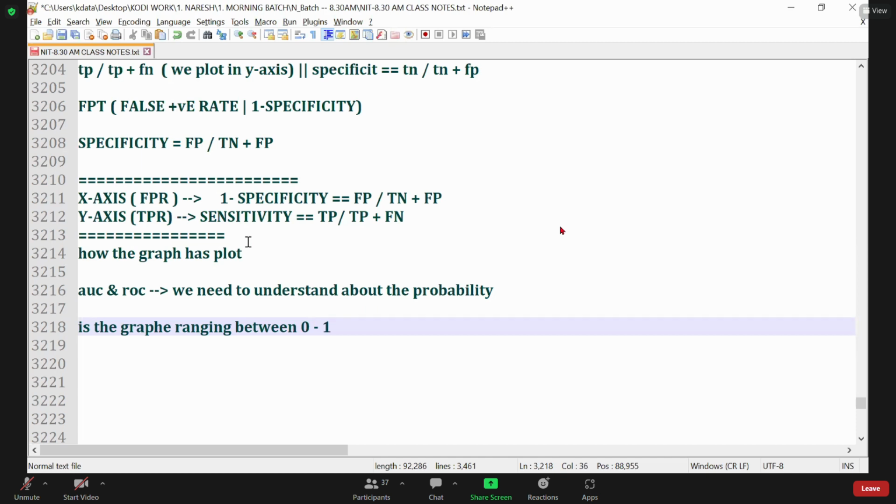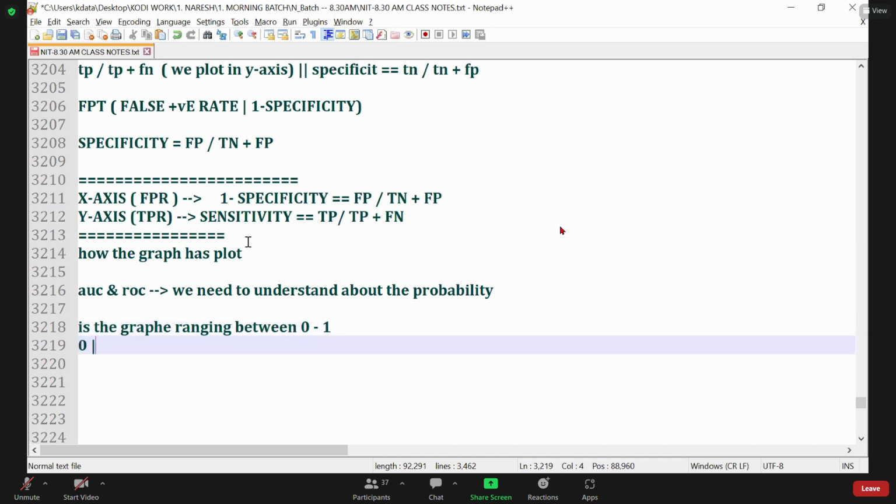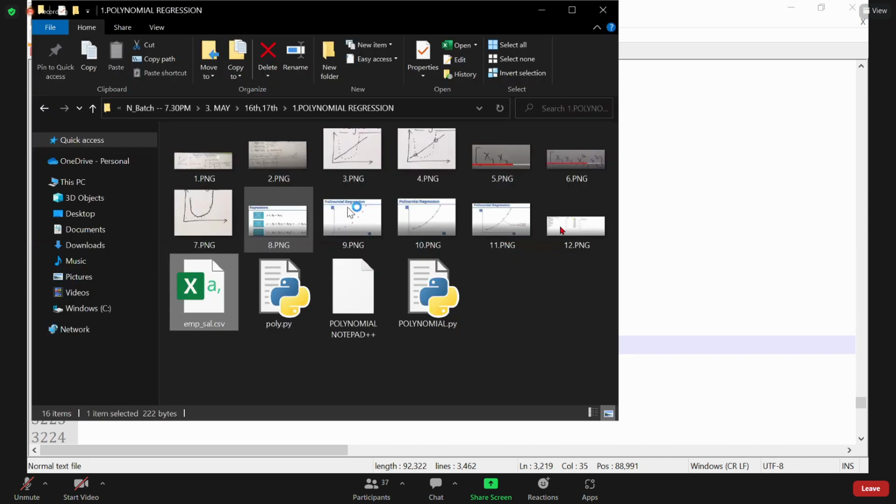How many probabilities do we have? The first is 0, next 0.2, 0.6, next 0.8, and next 1. Can I say this or not? I will give an example. Once you understand the example, things are clear.